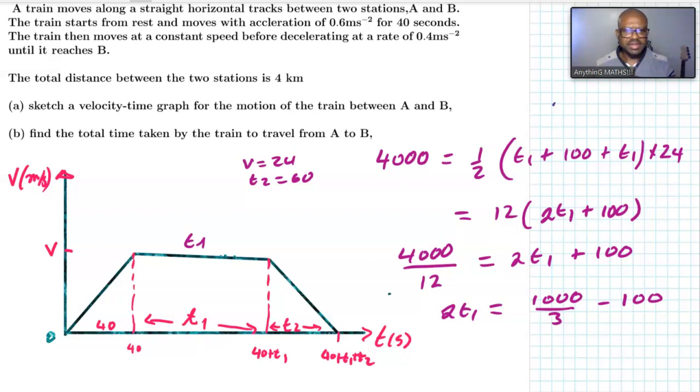You get 700 over 3. Then for T1, divide by 2. It's going to be 350 over 3 seconds.